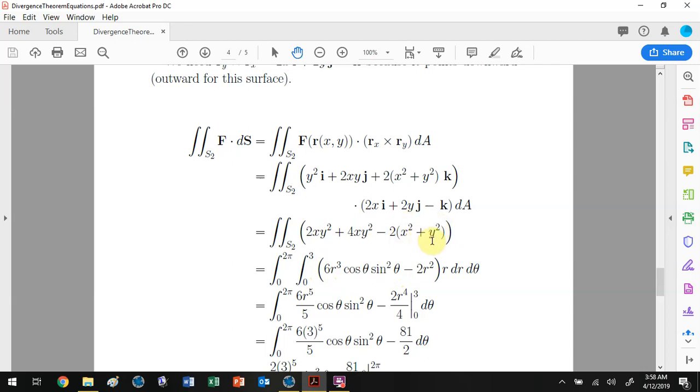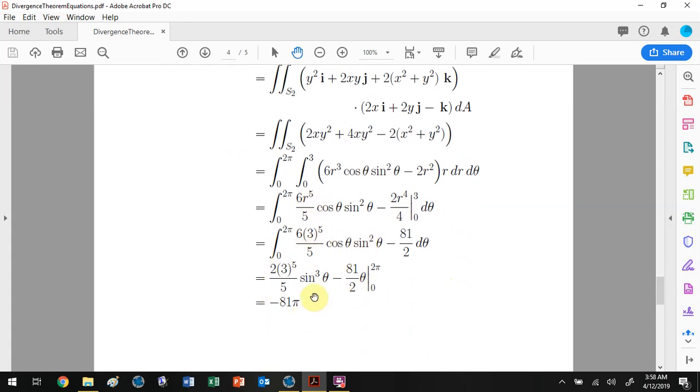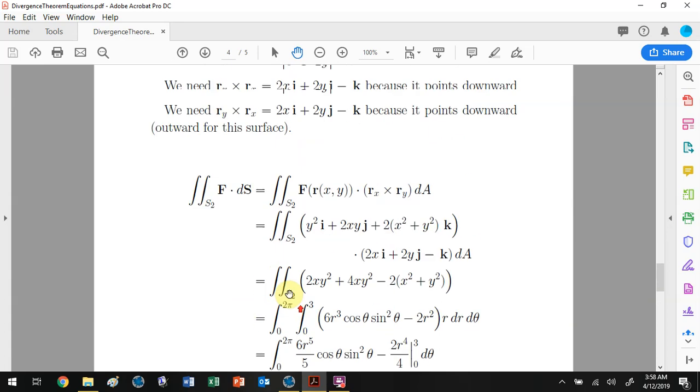And then this right here, x squared plus y squared, is simply r squared, and so this turns in like that. And don't forget, you got to toss in this extra r here because we switched to polar coordinates. From there, it is just a typical double integral. And so if you are careful and compute everything correctly, you will get that this integral equals negative 81 pi.